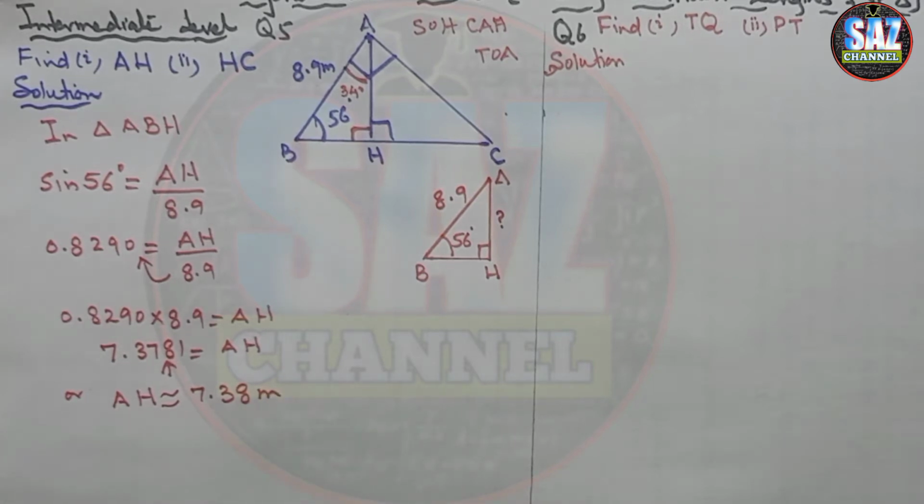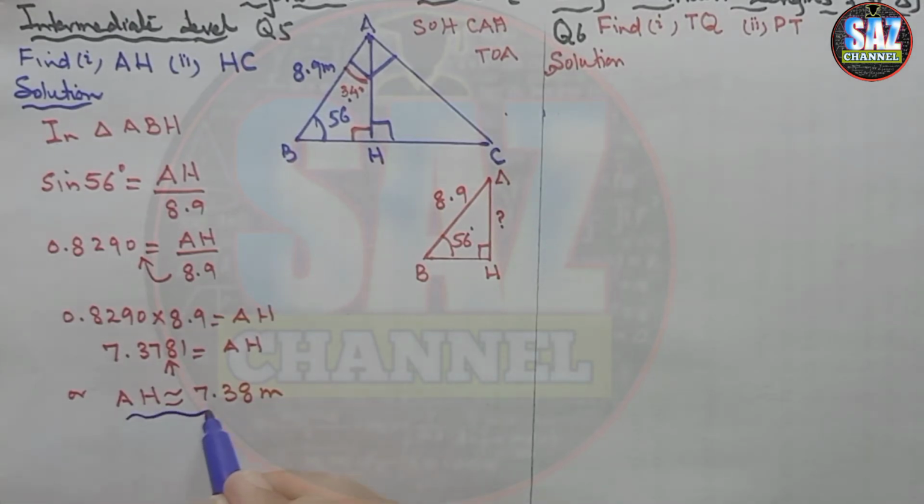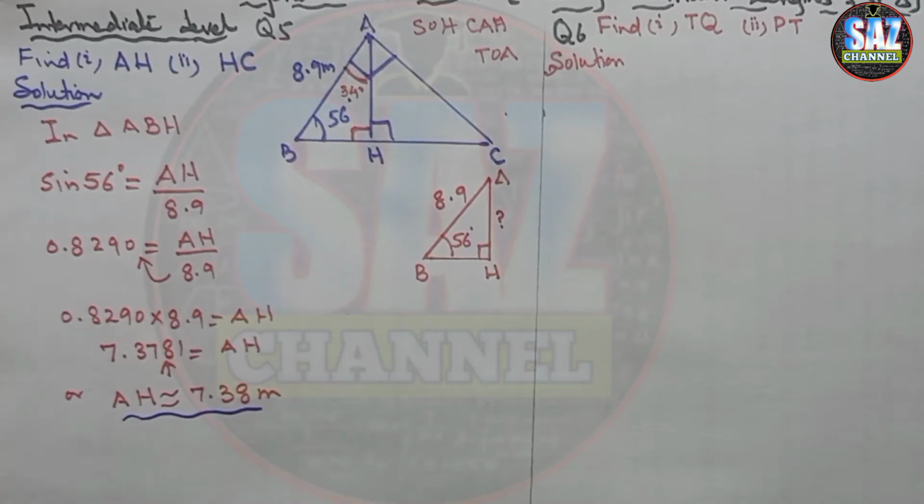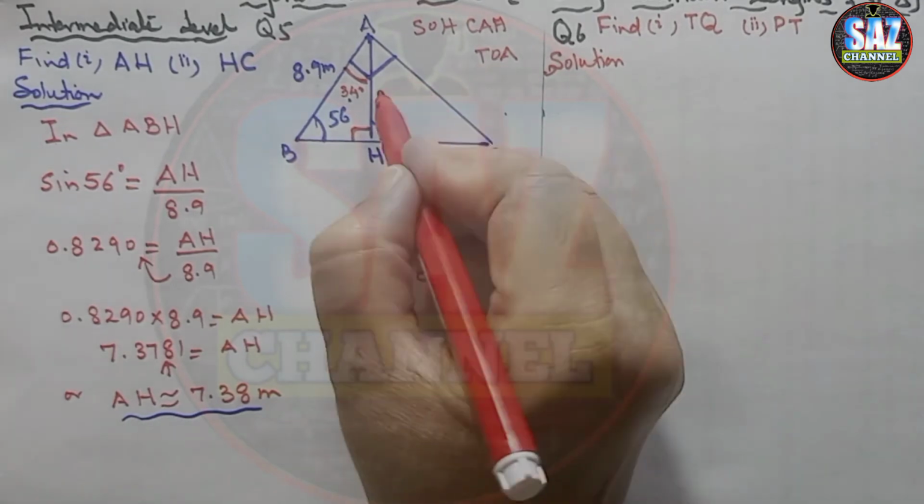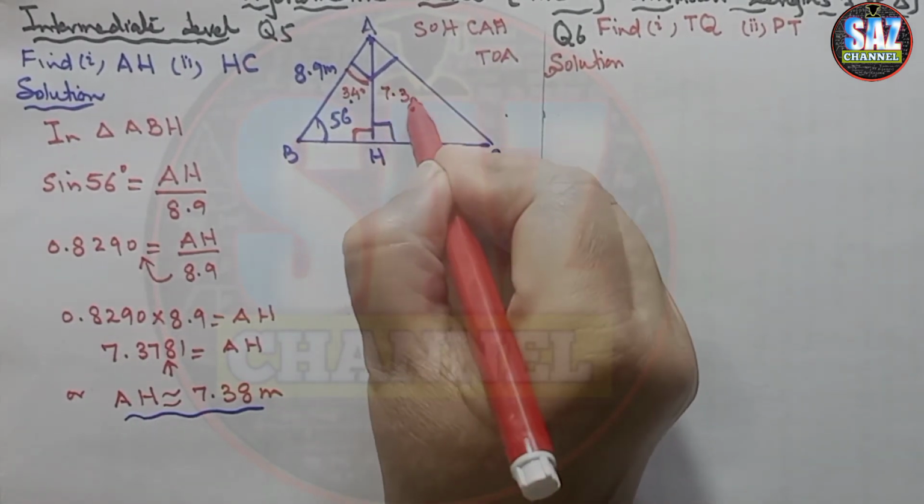So this was one of the requirements of the question, that is AH, which is the common height, 7.38.